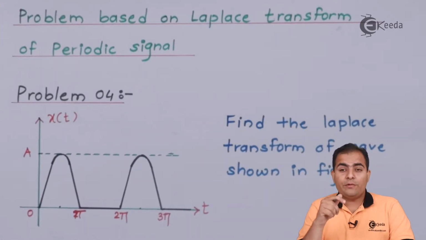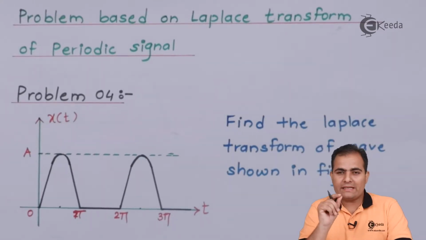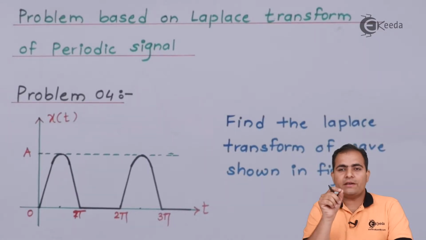Before moving to the solution, first of all you should know that in case of a Laplace transform of a periodic wave, we have to find out the Laplace transform of the first period only. The reason is the graph repeats itself after a particular time period.